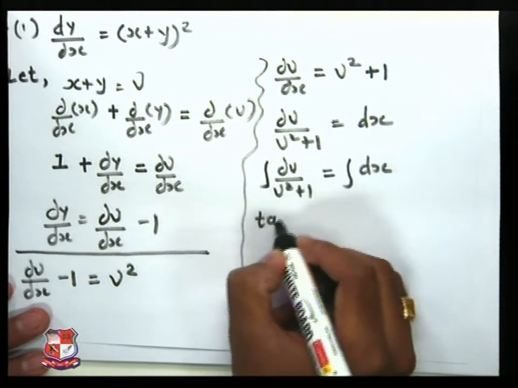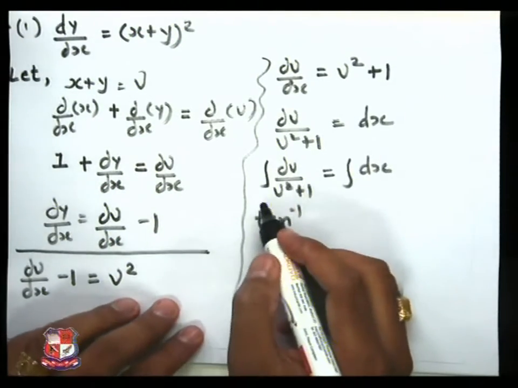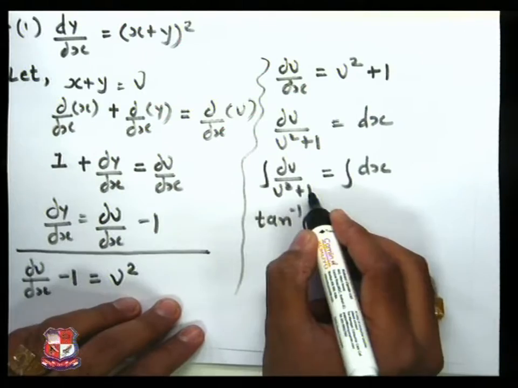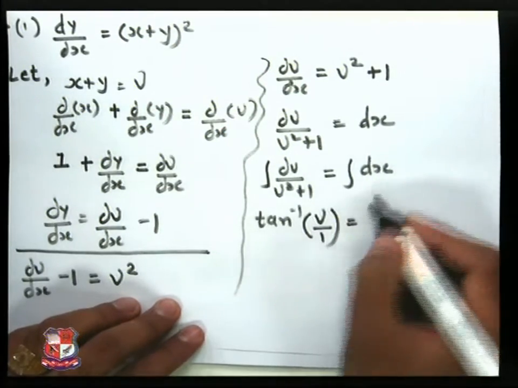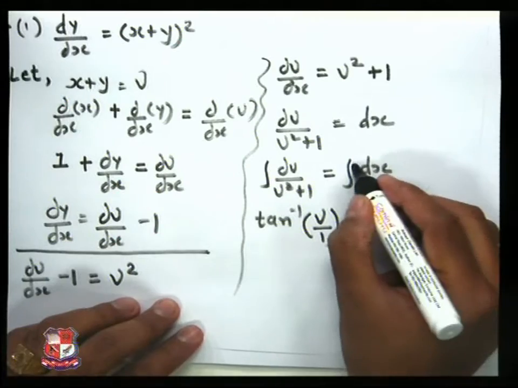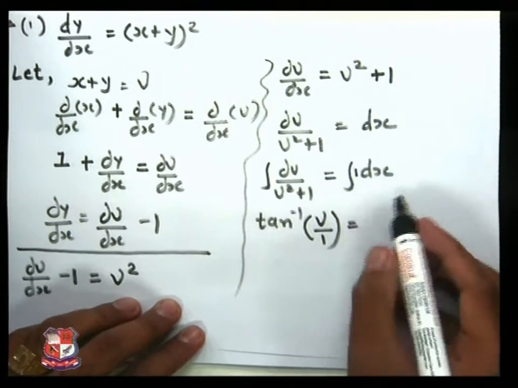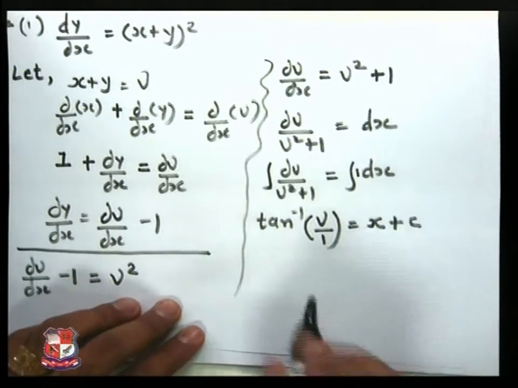So we directly write our answer by the rule of integration: tan inverse v is equal to integration of dx. By default we assume a constant, so integration of 1 dx is nothing but x, and finally x plus c.